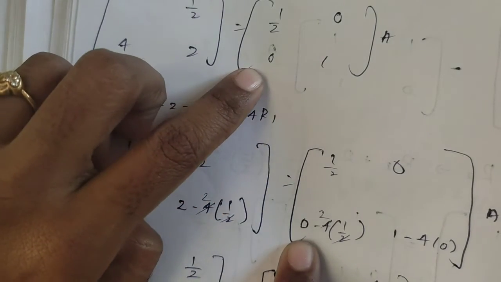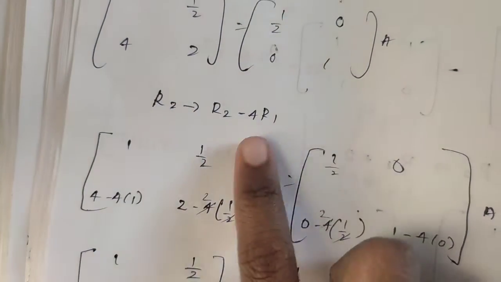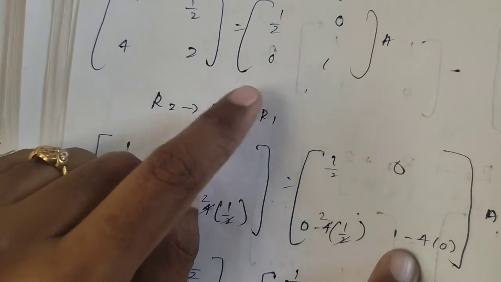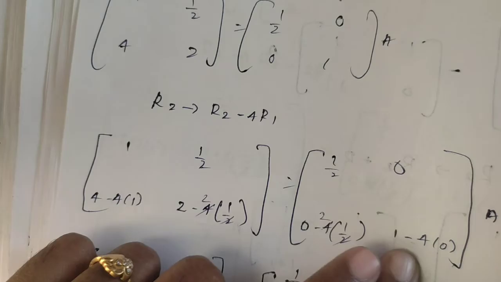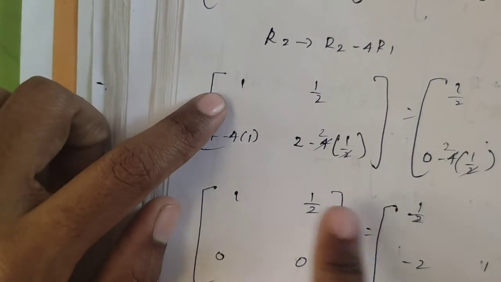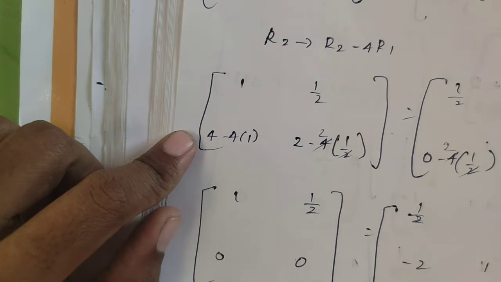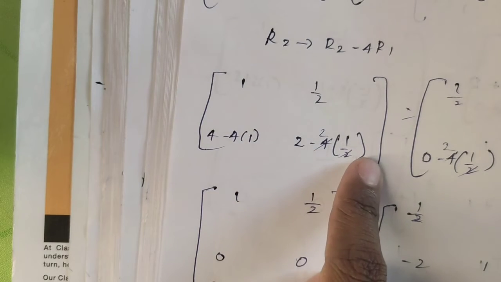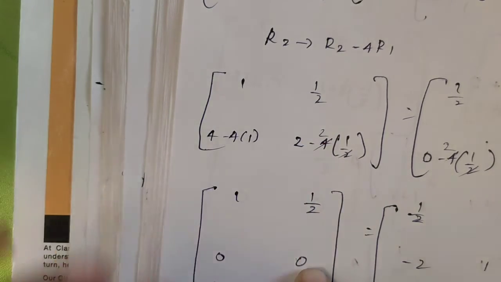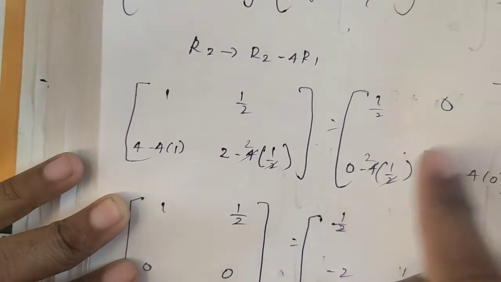On the RHS, 0 minus 4 into 1 by 2, and 1 minus 4 into 0. On simplification we get 1 by 2; 4 minus 4 is 0; the 4 and 2 get cancelled, so 2 minus 2 is 0. That is equal to 1 by 2, 0.